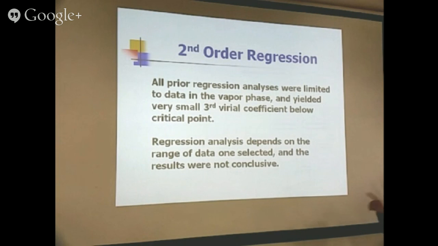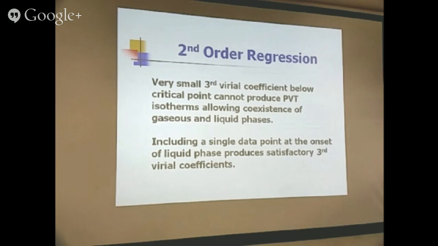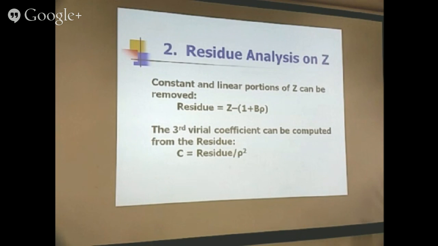You cannot use regression analysis to support your argument, because then you have to justify the range you select and so on. So with this regression analysis, I can get my data from there, but I have to substantiate it with other methods. The second method I use is to do residue analysis on Z. We have a big table of compressibility and a big table of the density.